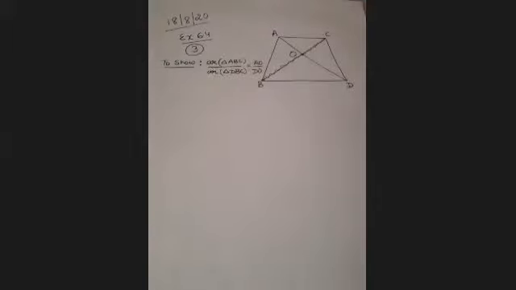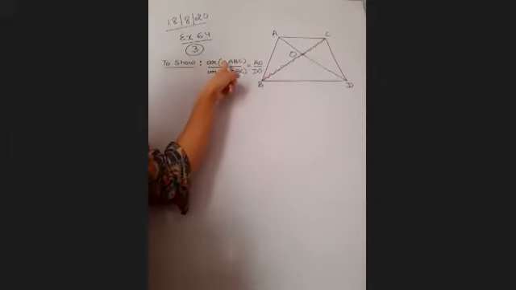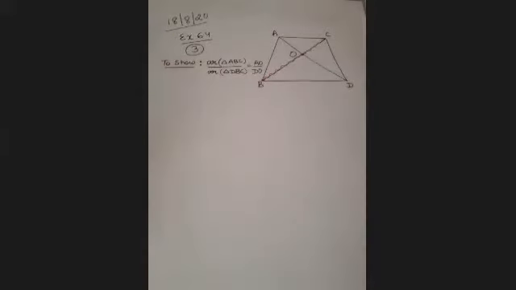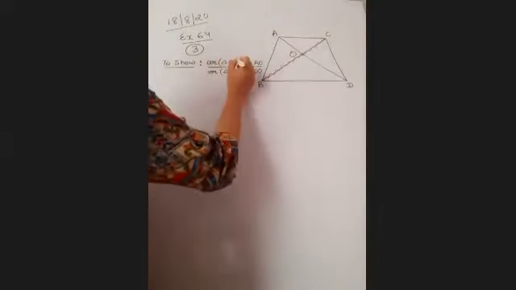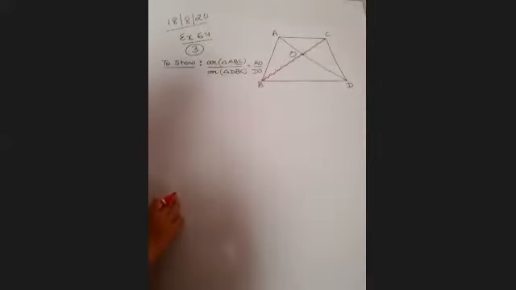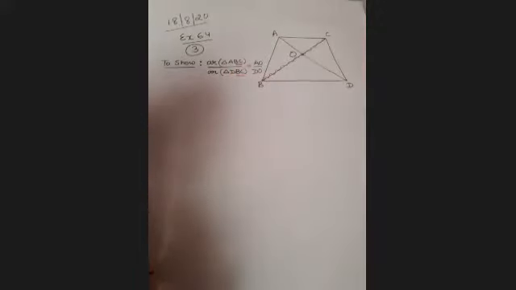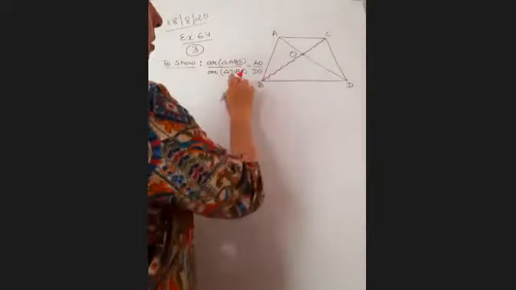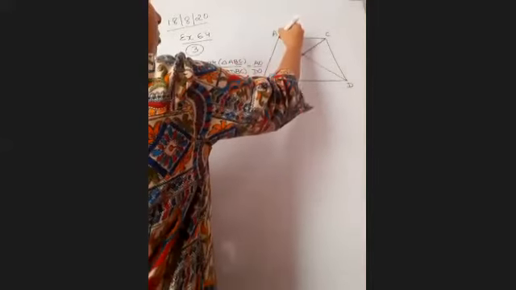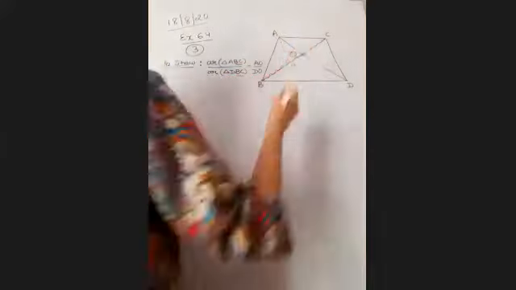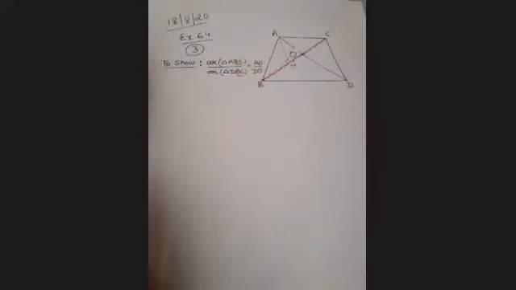We should be applying the formula of area of triangle. And what is the area of triangle? Half into base into height. Very good. So in triangle ABC, the base is BC, and in triangle DBC, the base is again the same, BC. Let us drop a perpendicular on BC. In triangle ABC, if I drop a perpendicular, let's say it will be M, AM perpendicular to BC.